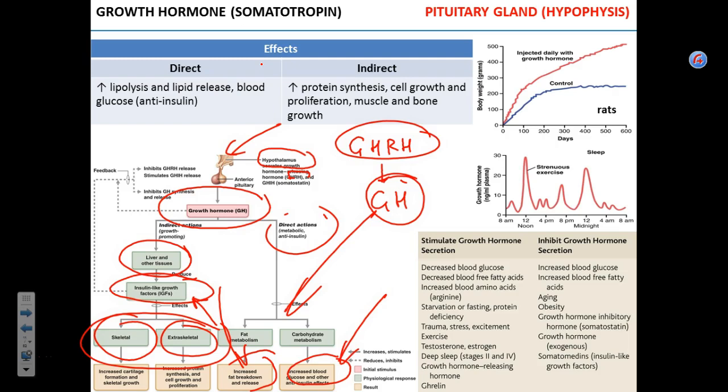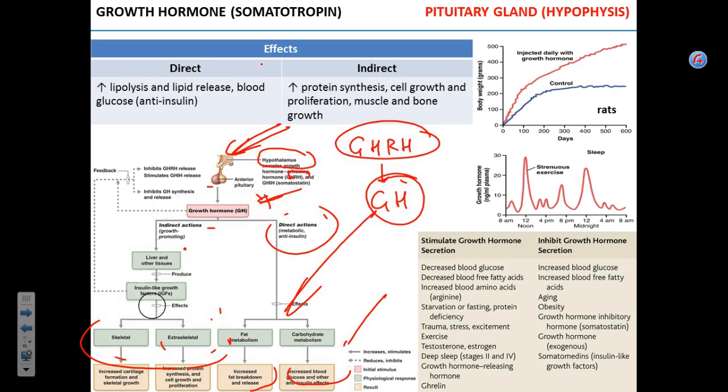So, these insulin-like growth factors will act as the regulators by negative feedback on the growth hormone and on the hypothalamic hormones. Okay? So, IGFs will inhibit growth hormone.